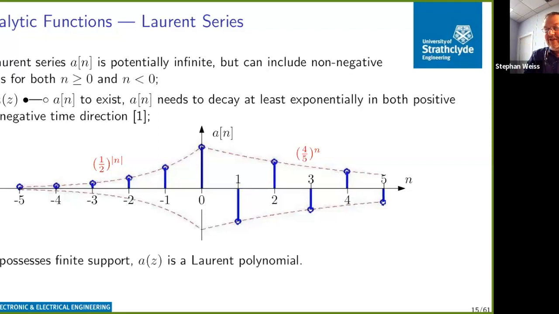Also, if we don't want to deal with functions that potentially decay in both positive and negative time, that's acceptable. For example, with auto and cross correlation sequences, you expect that they decay in both positive and negative time. But if you come up with a filter design and you want to implement such a system as a filter, then ideally you want it to be perhaps an FIR type system.